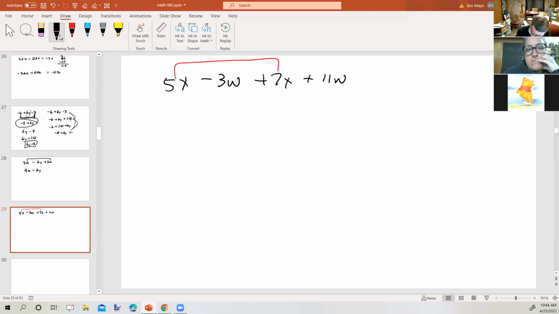Combining the x's, 5x plus 7x is 12x. Combining the w's, minus 3w plus 11w would be plus 8w. I can't put the x's and the w's together because they are not like terms. It's like apples and bananas. You could make fruit salad, but they're not the same fruit. Okay.